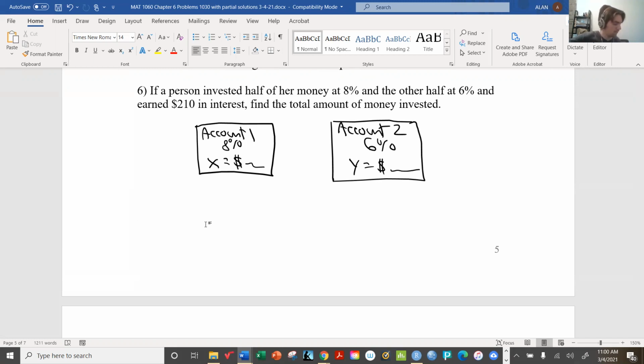Well, that means, and this is the important part, since half of this person's money is invested. Oh, before we do anything else, let me just put x equals the amount invested in account one, let's say. y would be the amount invested in account two.